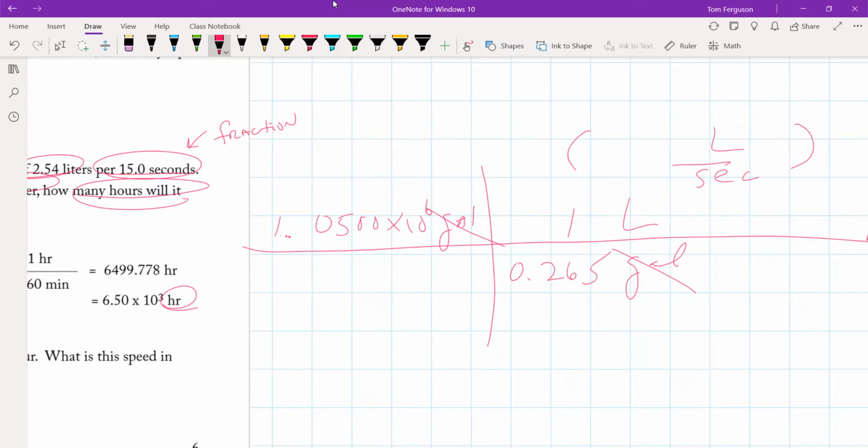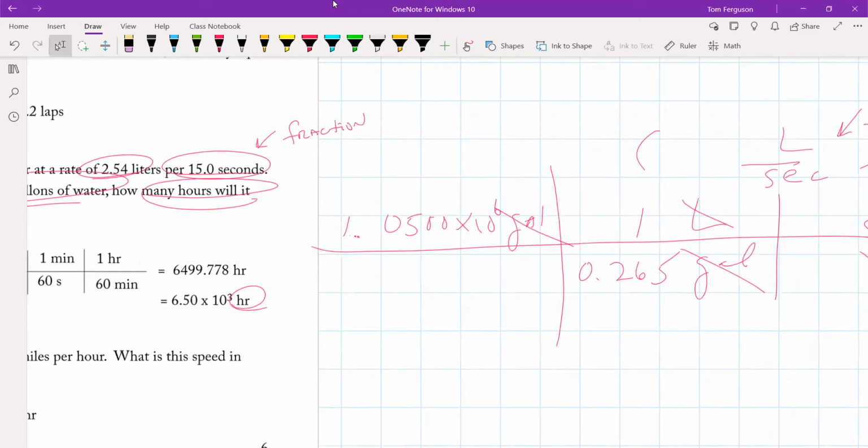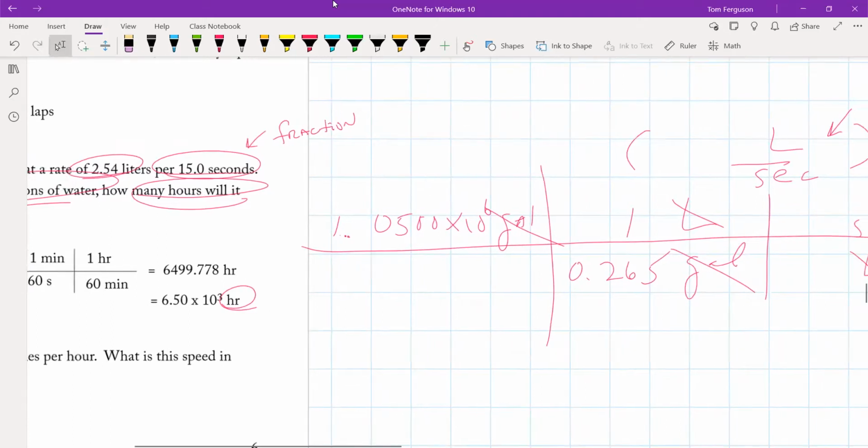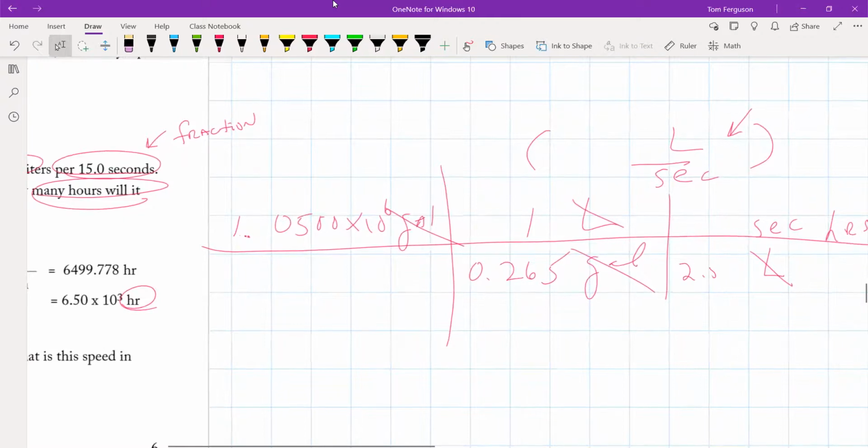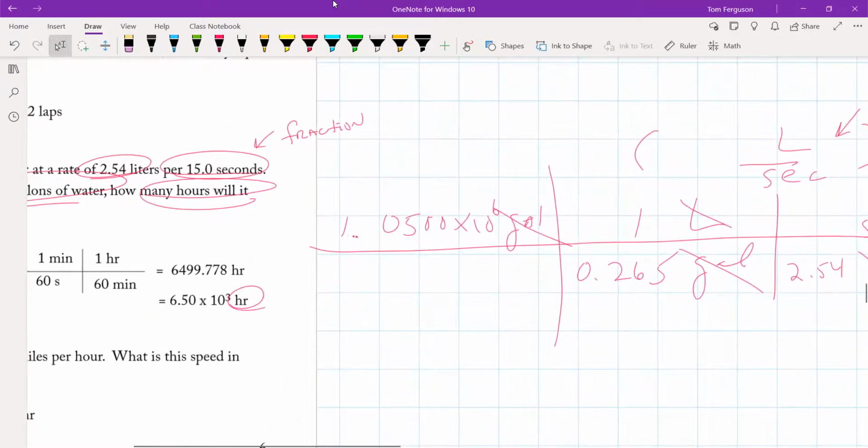Notice gallons have got to go on the bottom because they have to cancel. Now we have liters. Notice this conversion factor has a liter in it, so we can use that liter to get us over to a time unit, seconds. What has to be on the bottom is liters, seconds on the top. And what is that? That's 254 and 15 seconds.